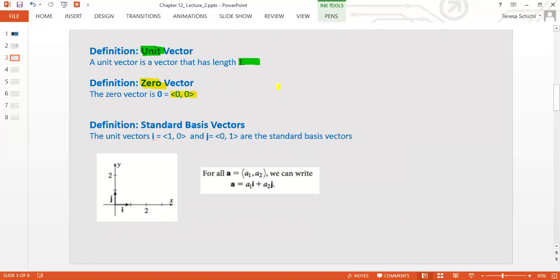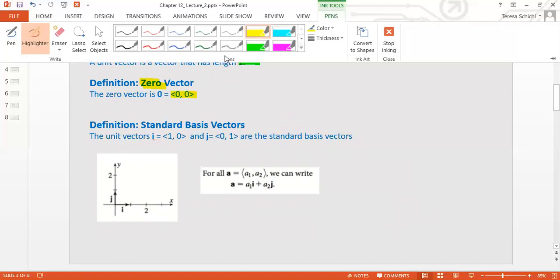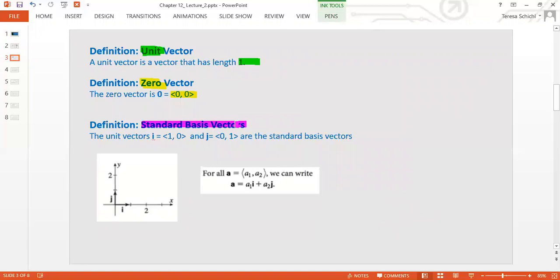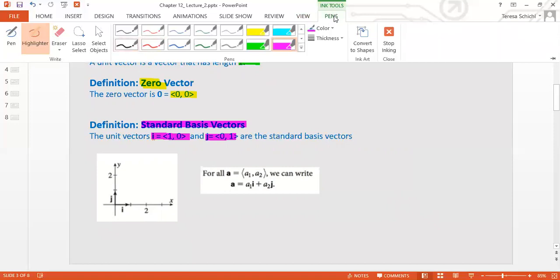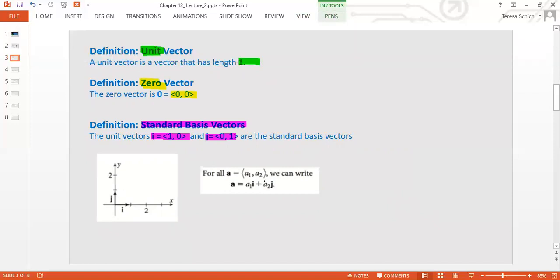Okay, so the next thing is what we call the standard basis vector. In R2, the unit vectors are i and j, where i is (1, 0) and j is (0, 1). That means every vector can always be written as a combination.